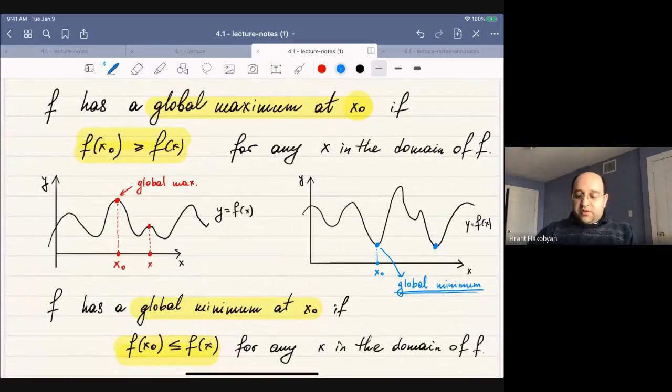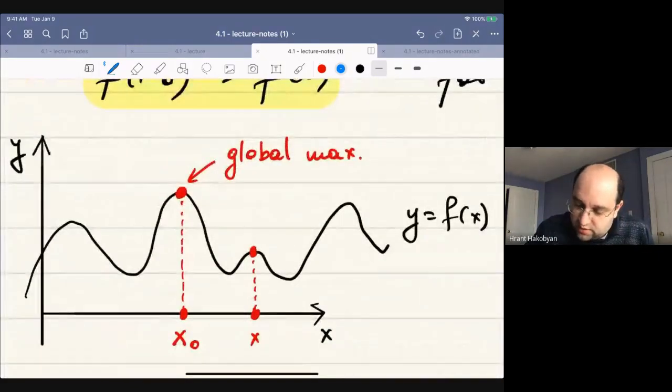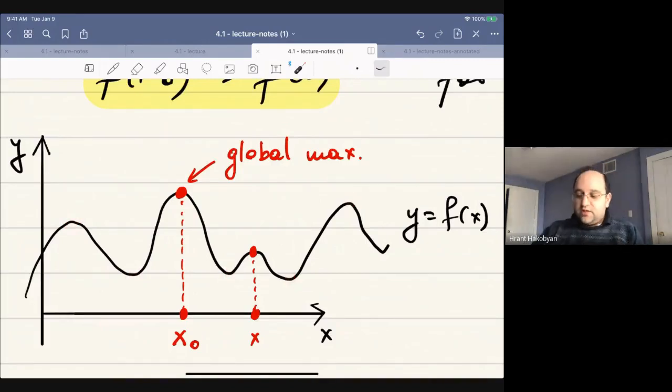Now, there are all the other things in between which look kind of important. So let's look at any of these graphs, let's say this one here. Well, there are all these other points, like this point here, this point here, this point here. Something happens at those points, right? Those points are not the absolute biggest or the absolute lowest points, but they are locally, meaning in their neighborhood, in the close distance, the highest.